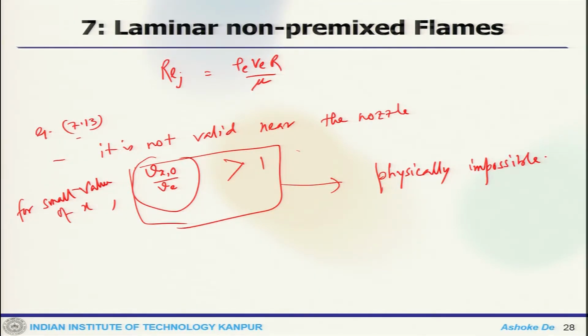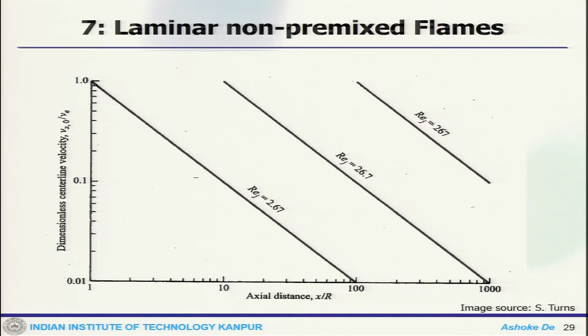So, this cannot happen. One can see this dimensionless center line velocity plotted against the axial distance, with increasing jet Reynolds number, and it should not go beyond 1, which is not physical and also not feasible.